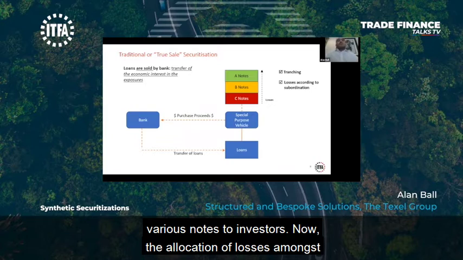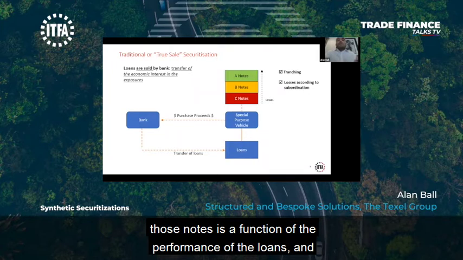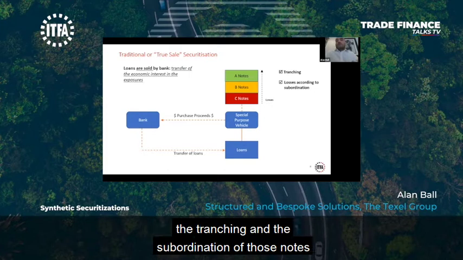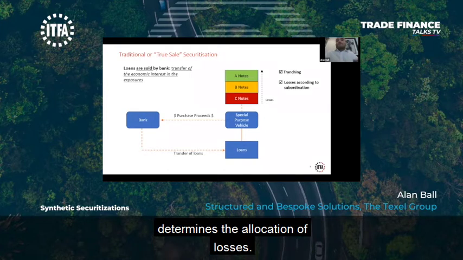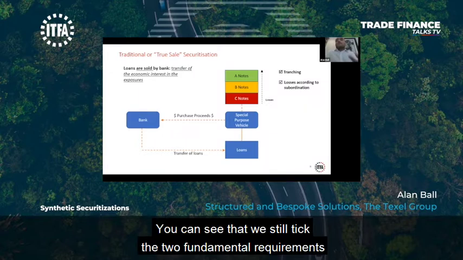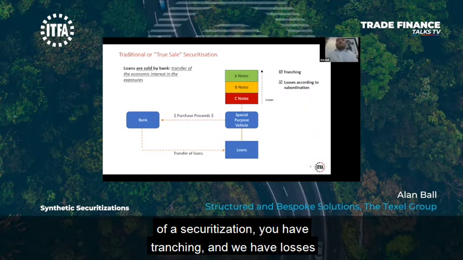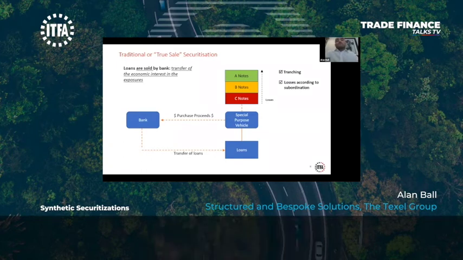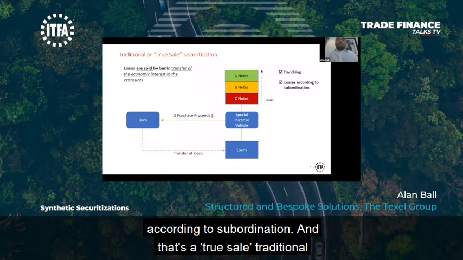Now, the allocation of losses amongst those notes is a function of the performance of the loans, and the tranching and the subordination of those notes determines the allocation of losses. So you can see that we still tick the two fundamental requirements of a securitization. We have tranching and we have losses according to subordination. And that's a true sale traditional securitization.